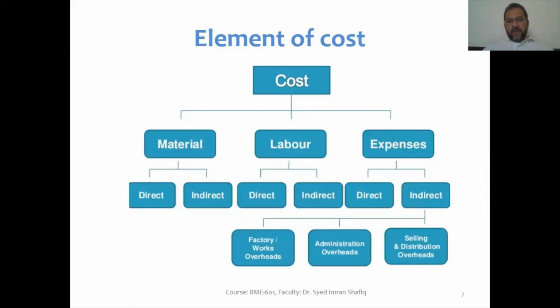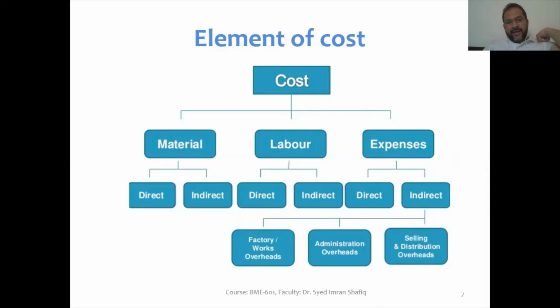These three groups can be further subdivided into two groups, which are direct cost, that is direct material cost, and the indirect material cost. Similarly, direct labor cost and the indirect labor cost, and the direct expenses and the indirect expenses.